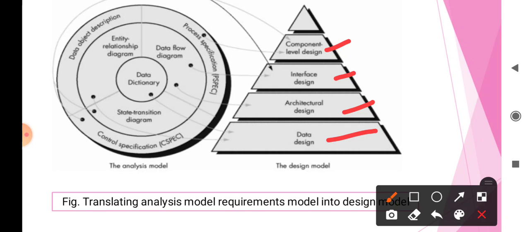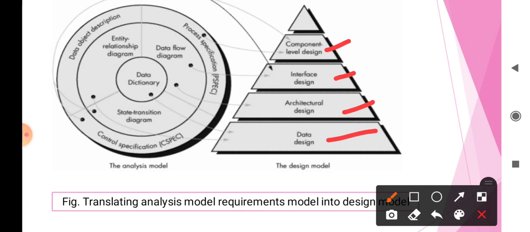Here this is the flow of information during software design. The component level design is connected to the process specifications and control specification. Then interface design is connected to the data flow diagram.